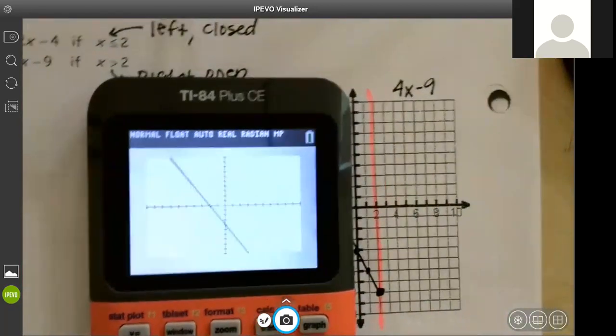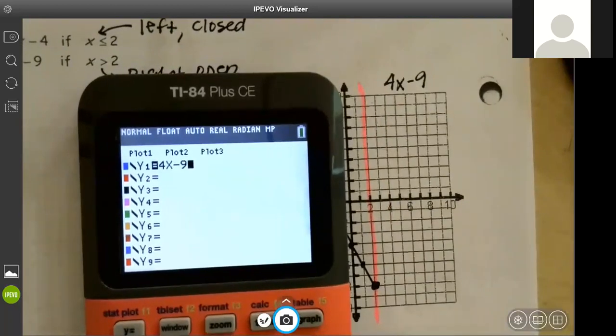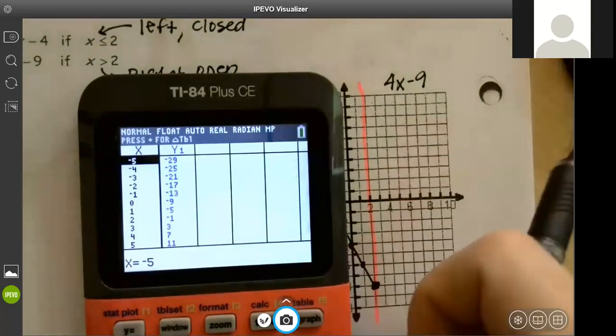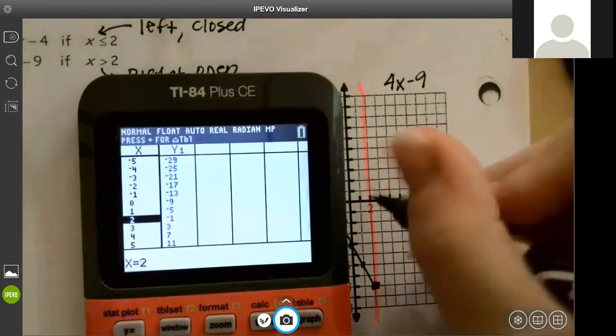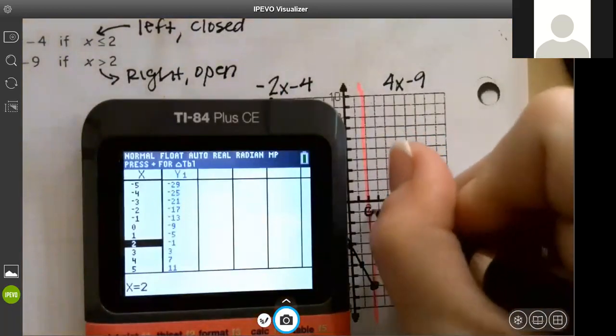is 4x - 9. So I'm going to go back into y equals. Put in my 4x - 9. The boundary is at 2. So (2, -1), and we said that that one was open.